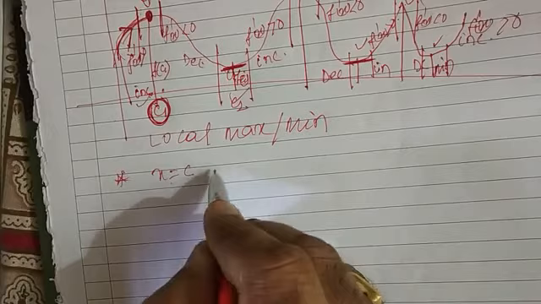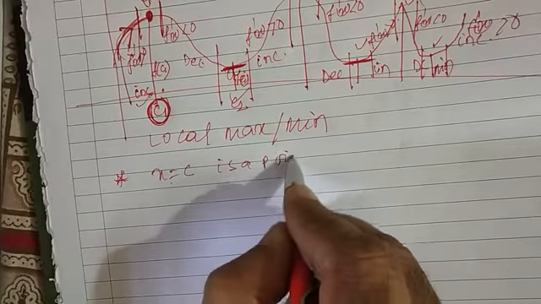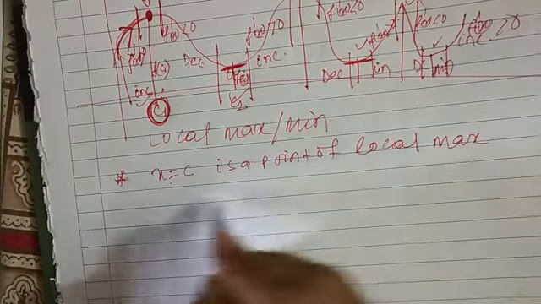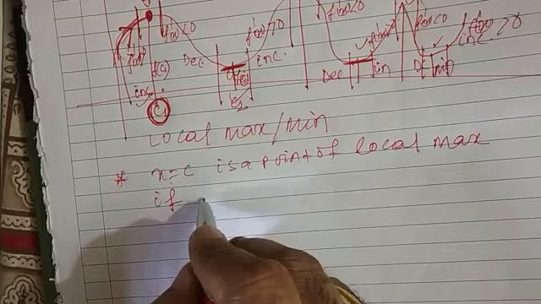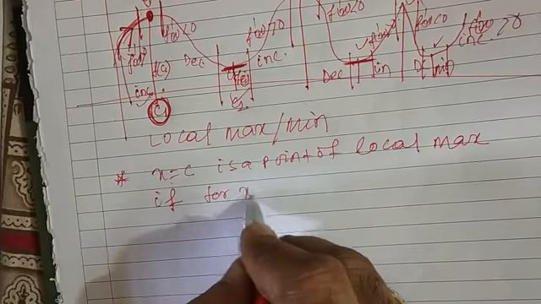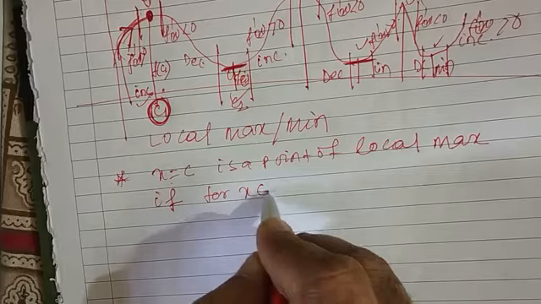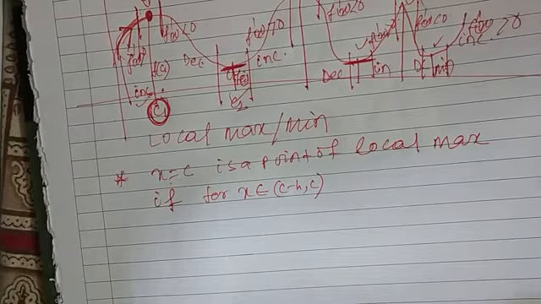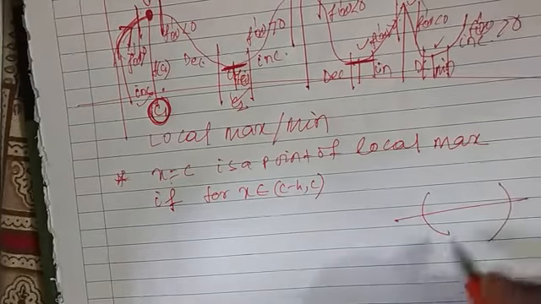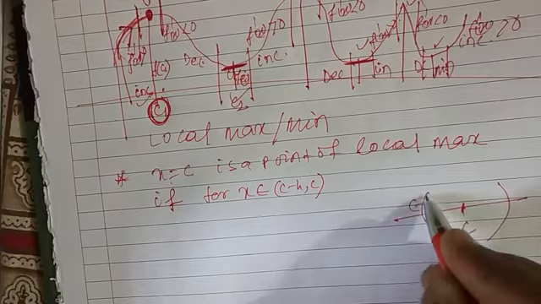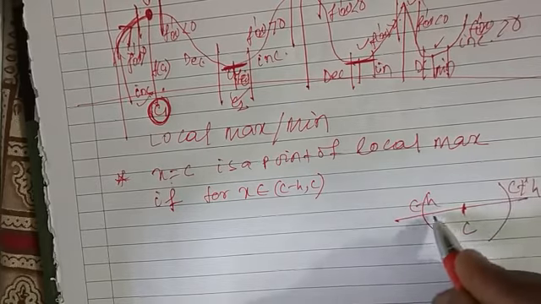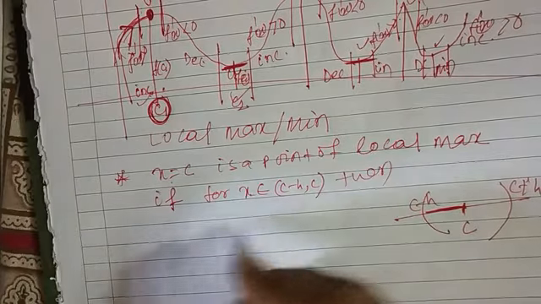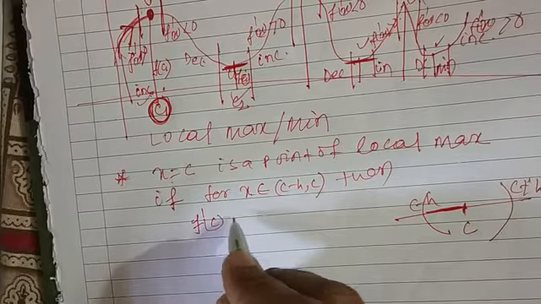X equal to C is a point of local maximum if for x just less than C, means x belongs to C minus h to C. Just less than C means here you see. I told you neighborhood. Here is C. Here is C minus h. Here is C plus h. C से थोड़ा सा छोटा में x जब जाएगा, then f dash x is what?